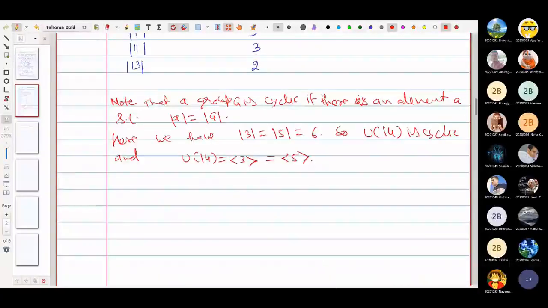And if you want more clarification, you can use it like this: 3 to the power 1 equals 3, 3 to the power 2 equals 9, 3 to the power 3 equals 27. When you divide 27 by 14, you get 13.